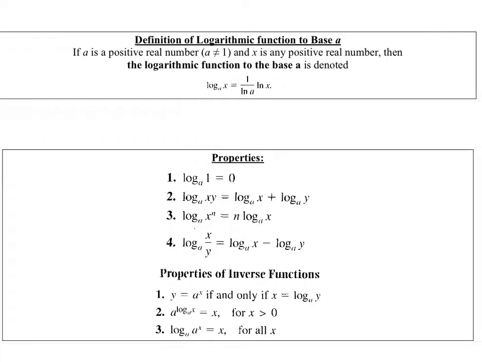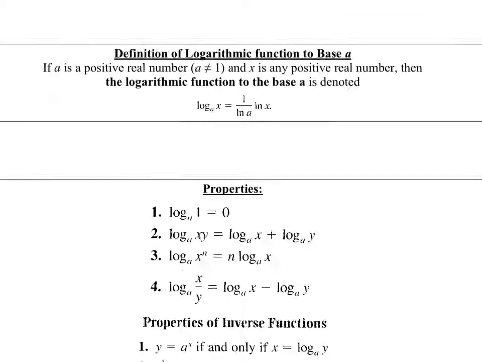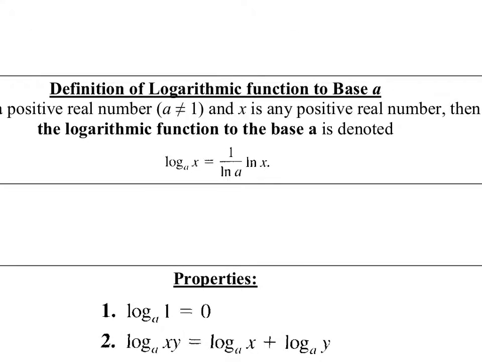Okay. Now we have a logarithmic function of a base of A. Okay, a base A, and here you have what we would call the change of base formula, okay? Except here specifically, they are changing the base to E every time.